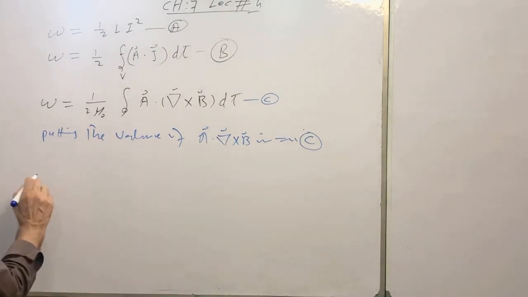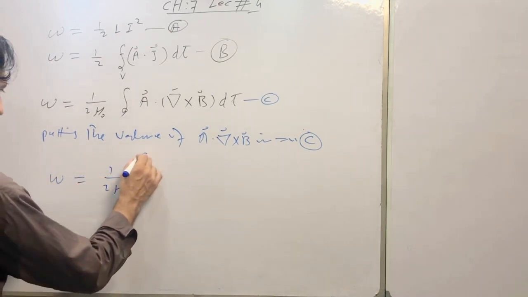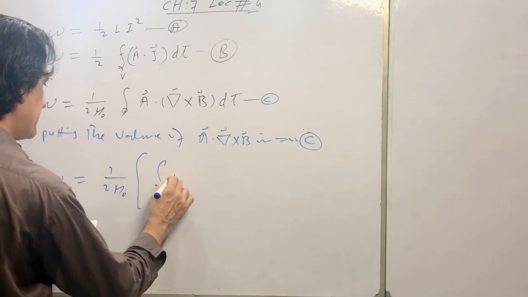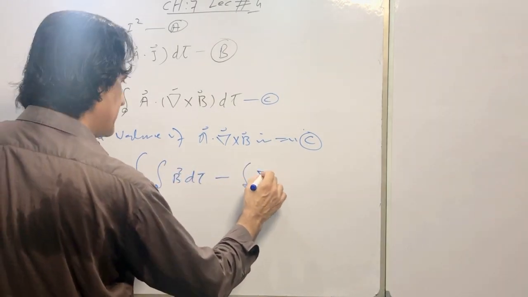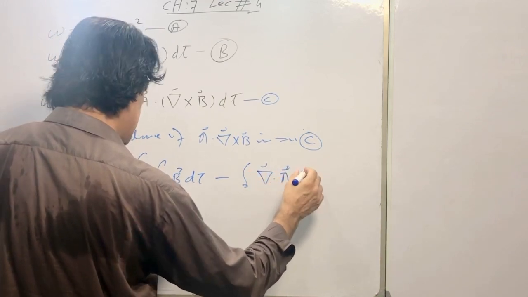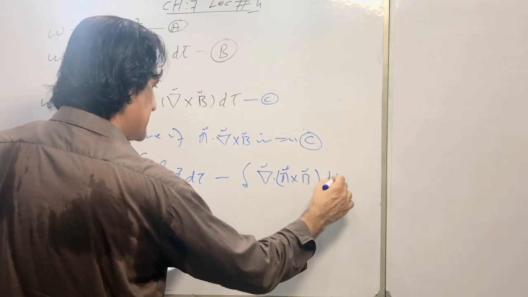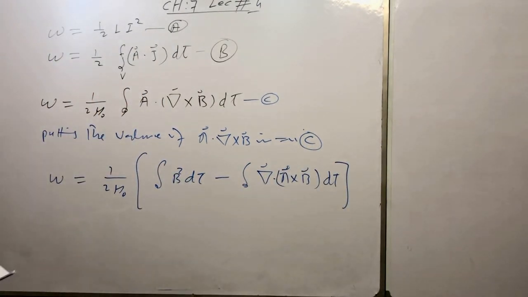After some mathematical steps I can find integral B square d tau minus integral del dot A cross B d tau. So this is the final equation.